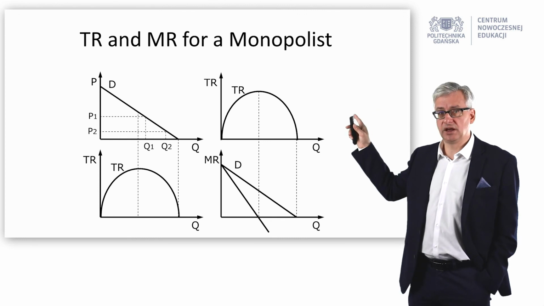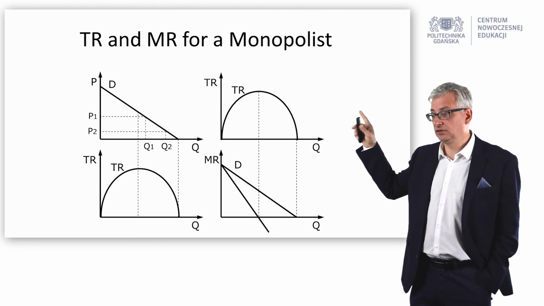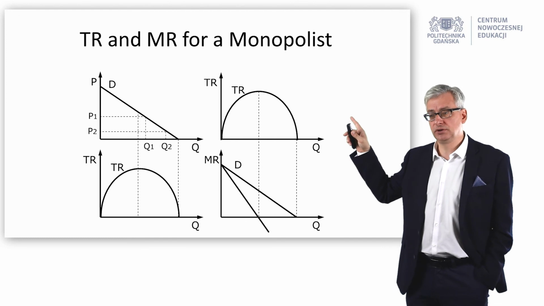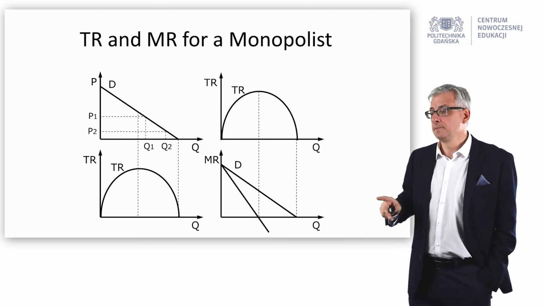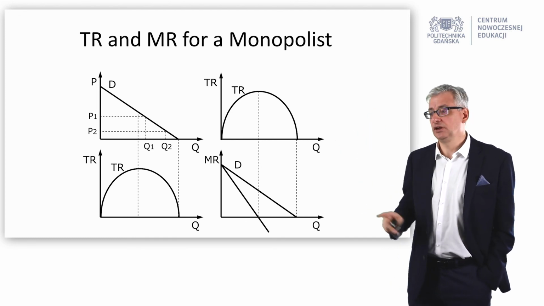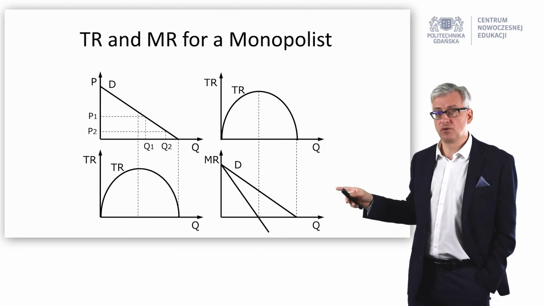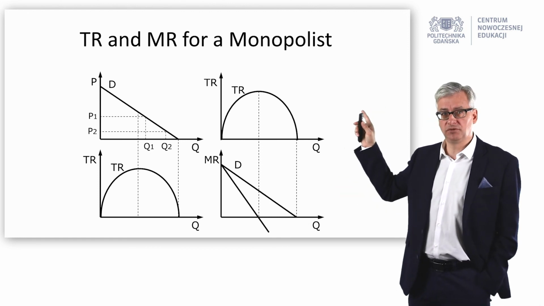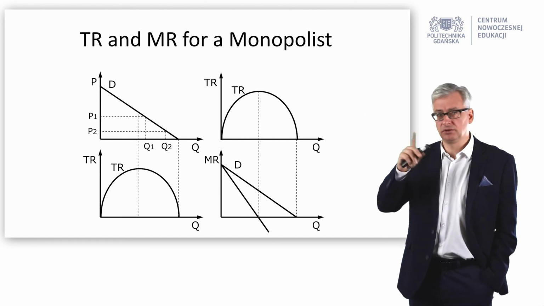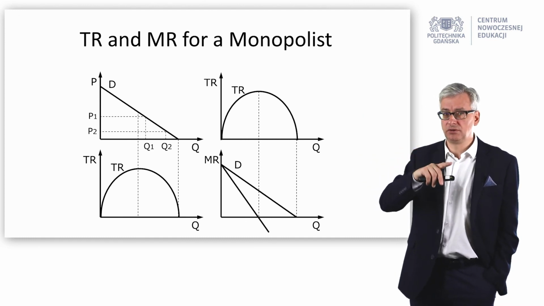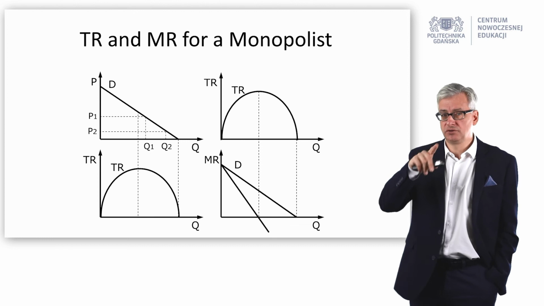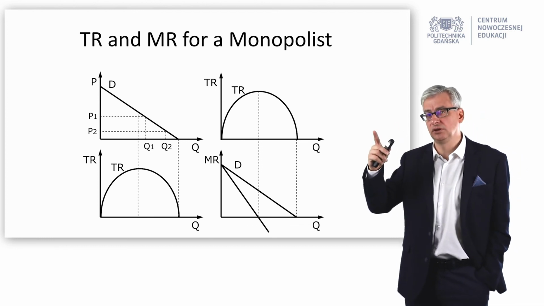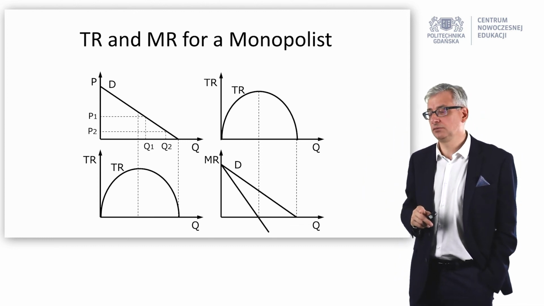So this is what our marginal revenue would look like. This is the line, right? You can see it starts at the same point as demand, and it goes down. It hits 0 for the maximum of total revenue, marginal revenue being the first derivative. Therefore, if marginal revenue is 0, then total revenue gets maximum.